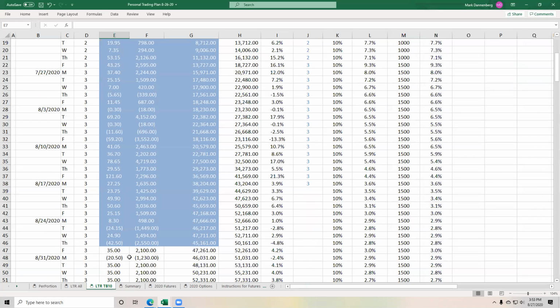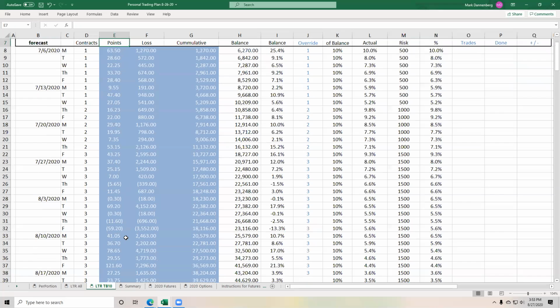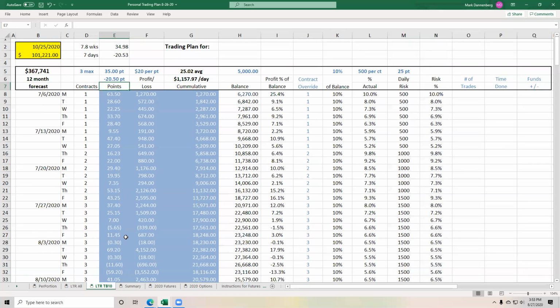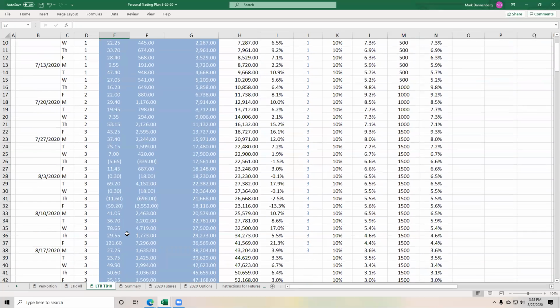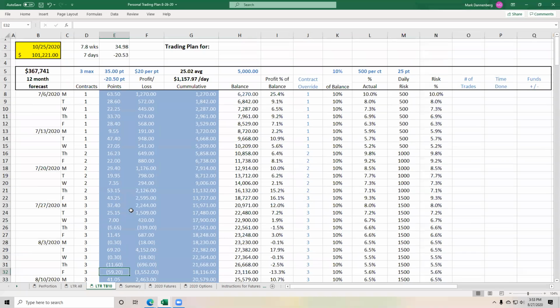Now, did that big loss today hurt us dramatically? I don't think so at all. We've had one other losing day that was bigger than that. They don't really hurt us dramatically. What we're looking at here is starting the account with $5,000 8 weeks ago. Tomorrow will make 8 weeks.